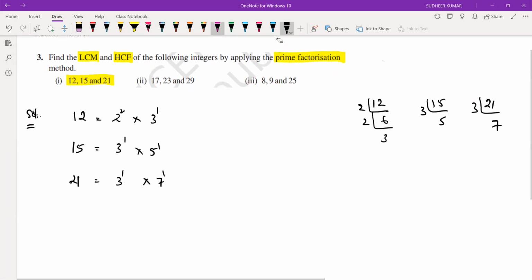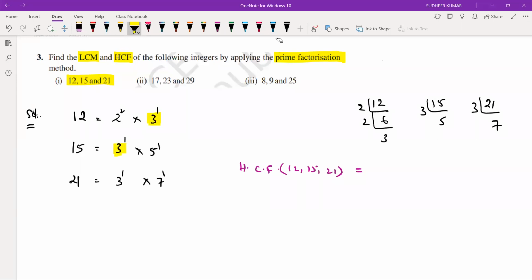First let us find the HCF. HCF of these numbers 12, 15, 21: we should take the common base of all three numbers. Here the common base is 3.